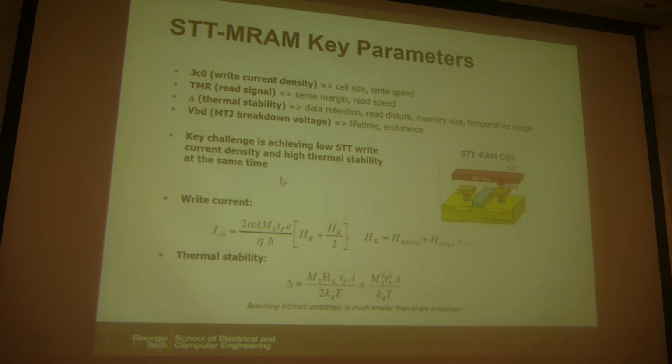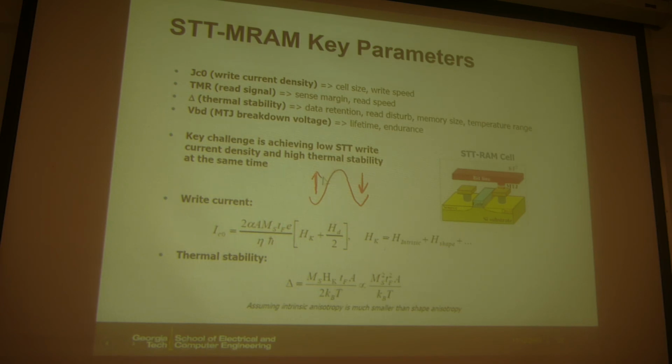This is very hard to achieve because for the two states, you can think of an energy barrier between the spin up and spin down state. If you want to write the cell, that means you are going to change these two states by jumping over this barrier.